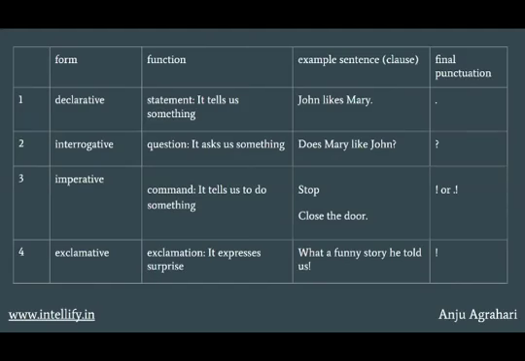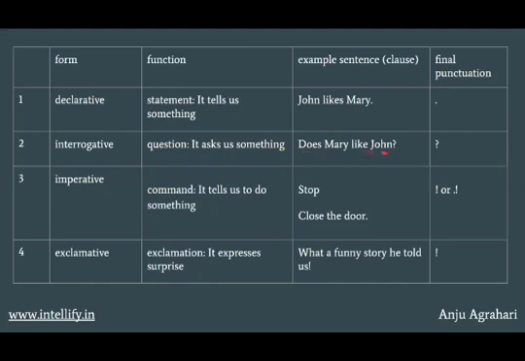So here, I have drawn a chart to make it easy. These are the forms: declarative, interrogative, imperative, exclamative functions. What does each do? Declarative tells us something, like John likes Mary, just ended with a dot. Interrogative asks you something, a question. Does Mary like John?